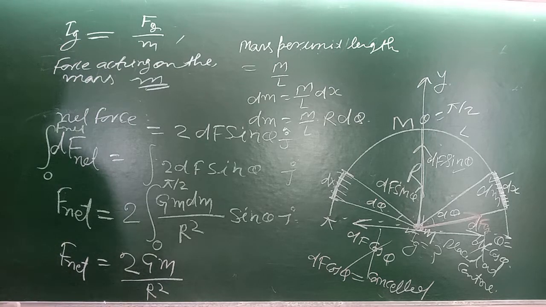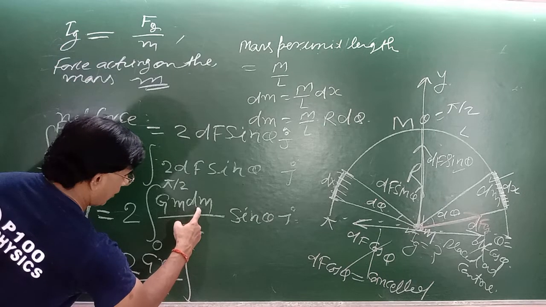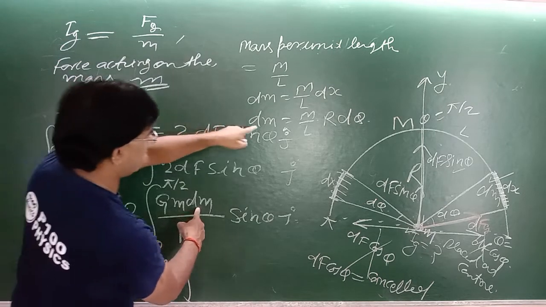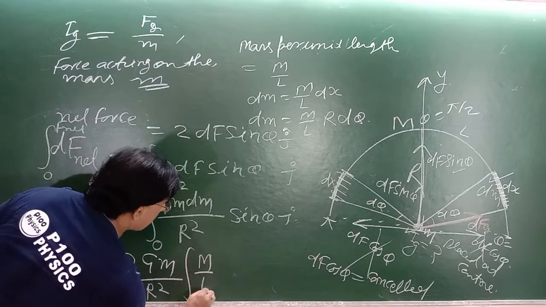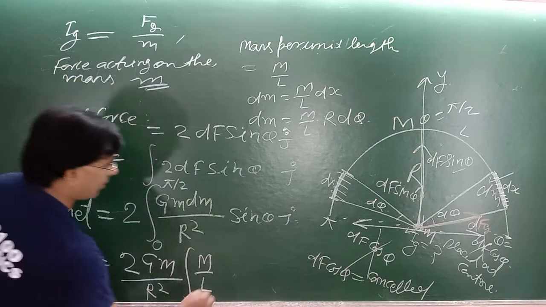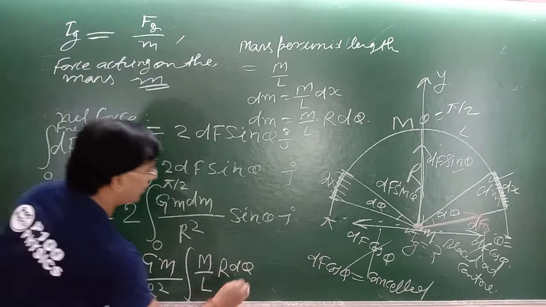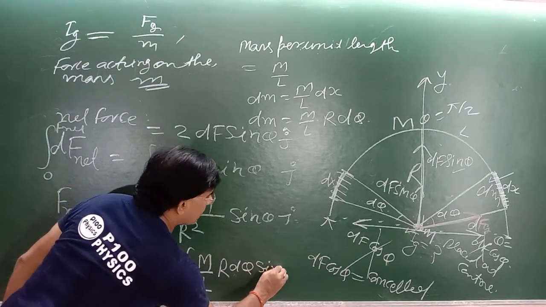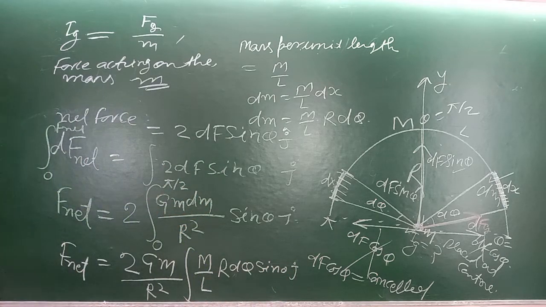Put in the value of dm. dm is, mind here, M by L r d theta sin theta j.